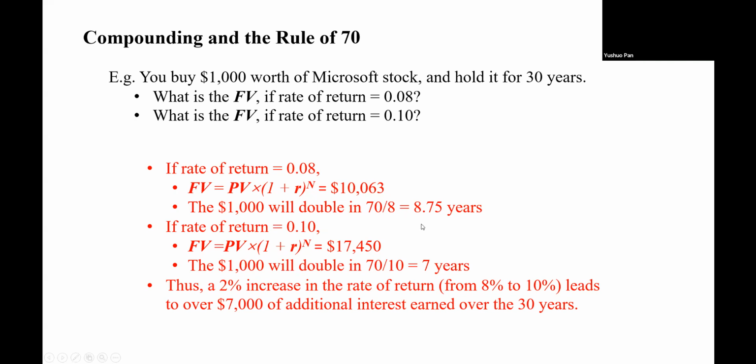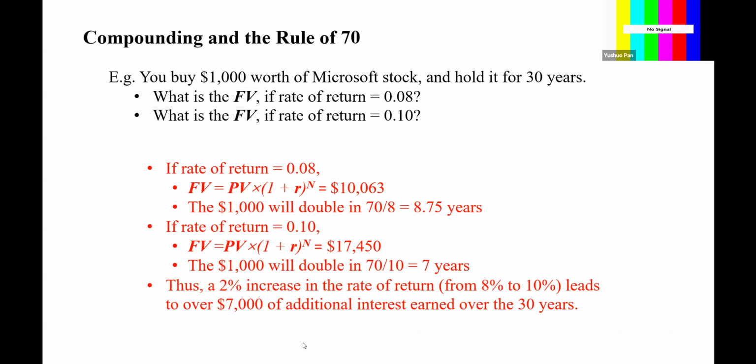If the interest rate is 8%, you are going to need 8.75 years to double your asset. But if the interest rate increases from 8% to 10%, you only need 7 years to double your asset from $1,000 to $2,000. So that's how you use the rule of 70.